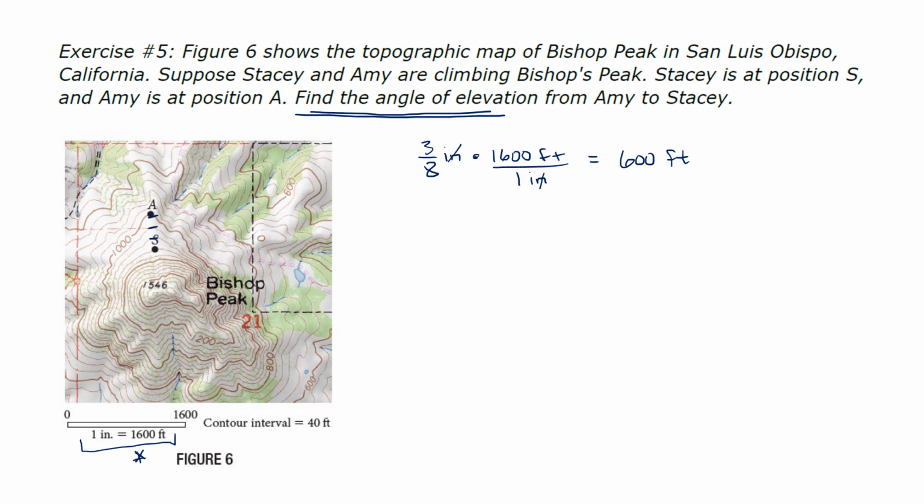So the elevation is going to change between them by 40 feet, according to my map. So since there are 3 contour intervals, and between each contour interval is 40 feet, I'm going to multiply 40 times 3, and I'll get 120 feet.